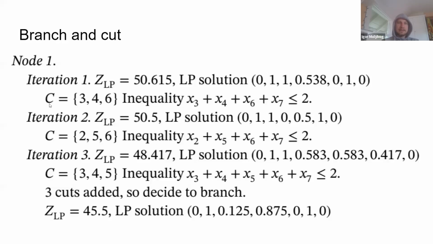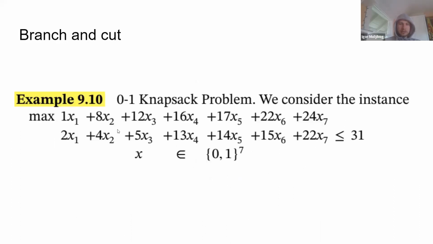Let's take a cover C consisting of 3, 4, and 6. Let's check that it's a cover. We have 3, 4, and 6 that in total give a bigger value than 31, obviously.